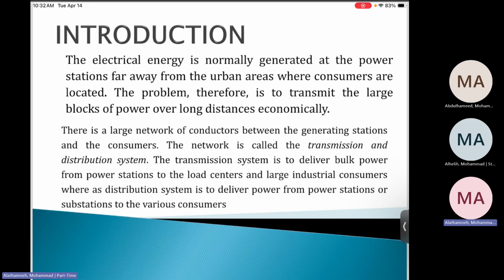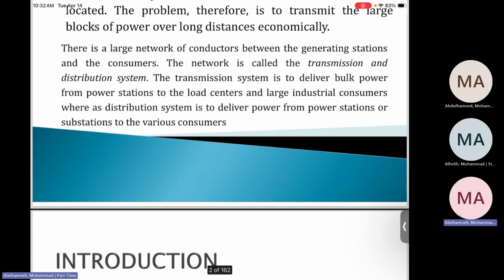The transmission system will deliver the power from the power substation toward the load centers, close to the loads, the city centers, or close to the large industrial customers, or at the entrance of the cities, while the distribution system will deliver power from the substations toward the various customers.